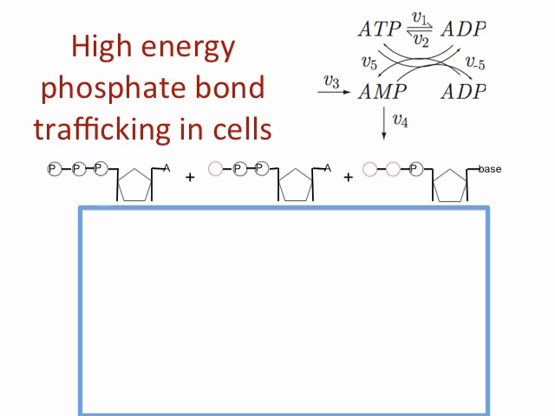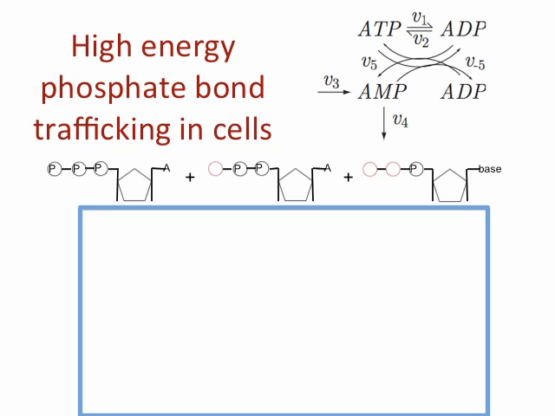The molecule is shown schematically to the left of this slide, where we have 3 phosphate bonds bound to a pentose, and the pentose is also bound to a base, the adenine. ADP has 1 of these high energy bonds missing, and AMP has 2 of them missing, as designated by the empty open red circles.